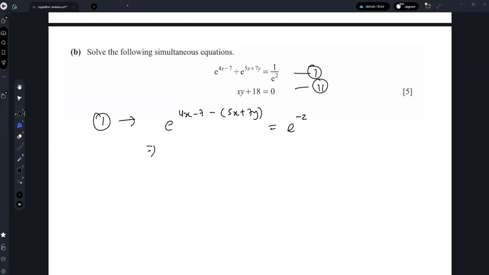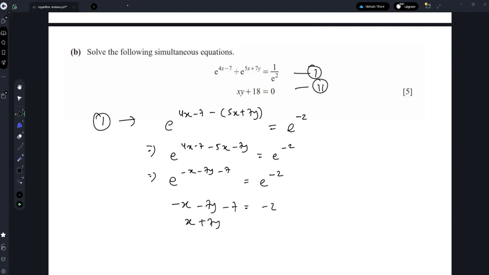So therefore, e to the power 4x minus 7, minus, yeah, 5x minus 7y equals e to the power minus 2. We get e to the power minus x minus 7y minus 7 equals e to the power minus 2. Now, because the bases are the same, we can just assume that the powers are the same. So minus x minus 7y minus 7 equals minus 2.